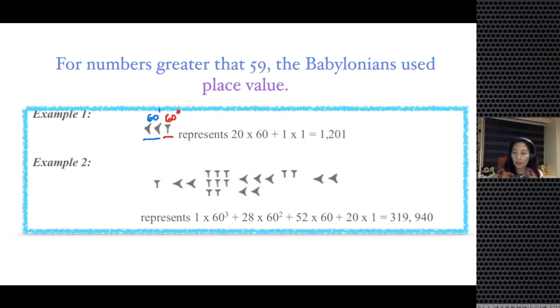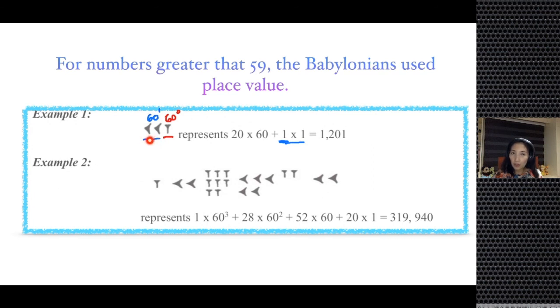So if we convert this into our current day number, then the 1 vertical wedge is 1 times 1, because 60 raised to 0 is equal to 1. Next, how about the 2 horizontal wedges?